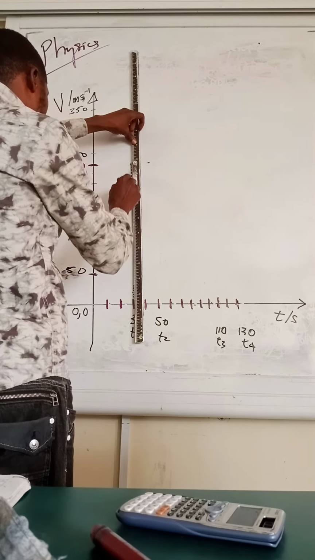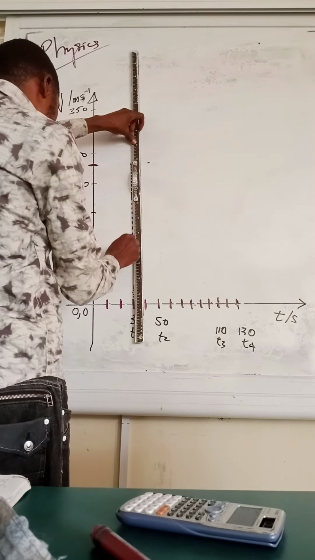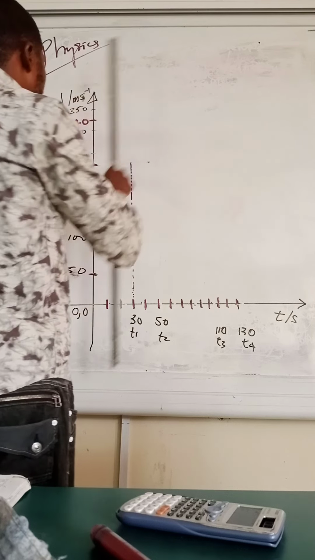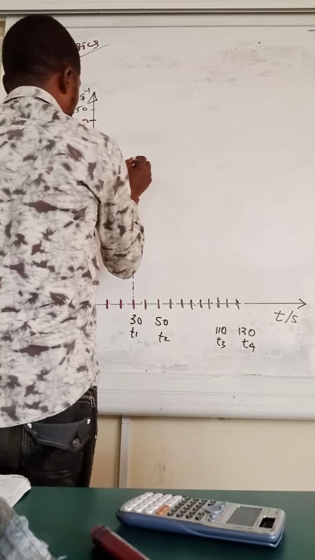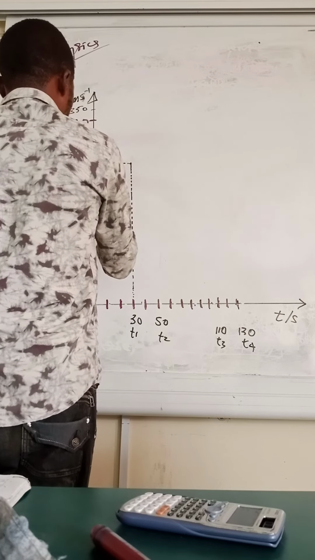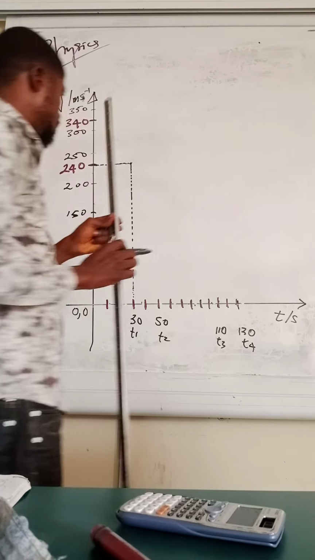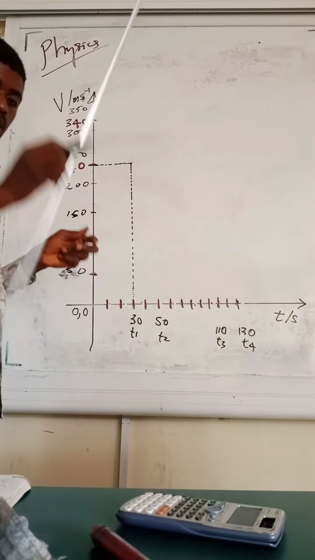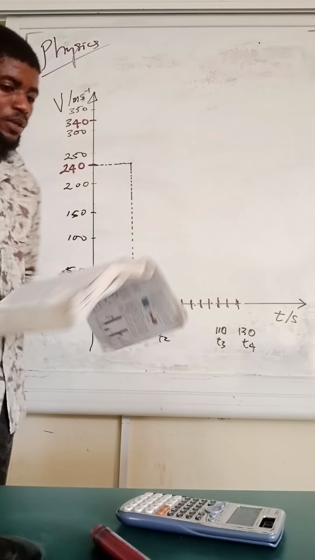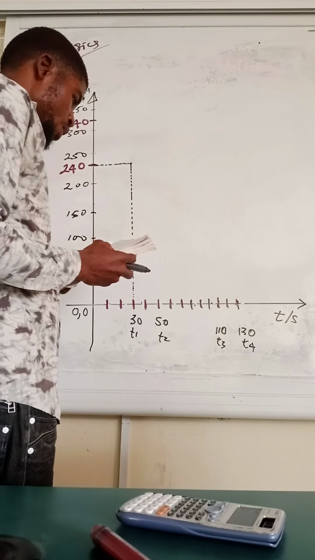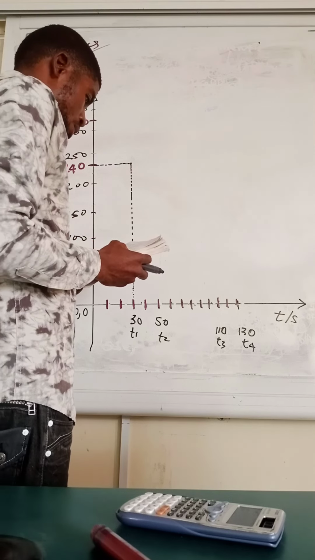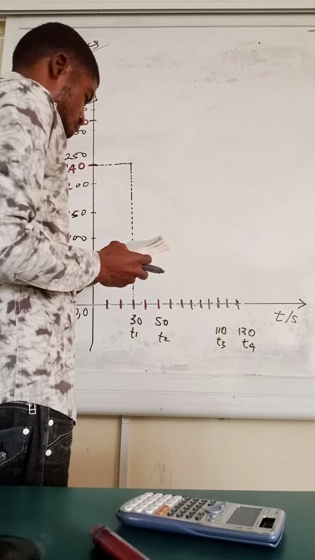The first information, this is where it is. That's the first information. The second information says, okay, let me read it again.